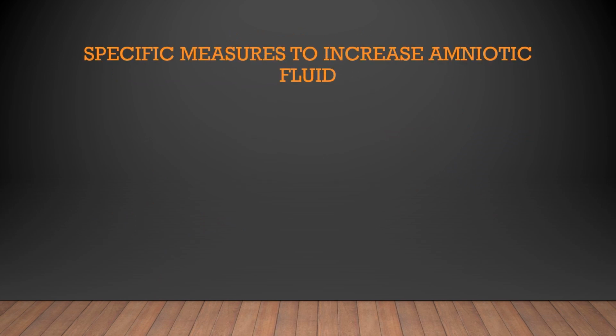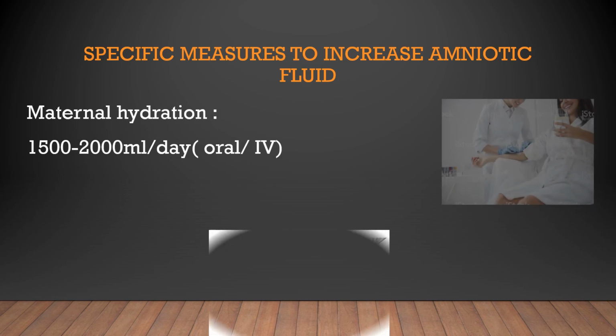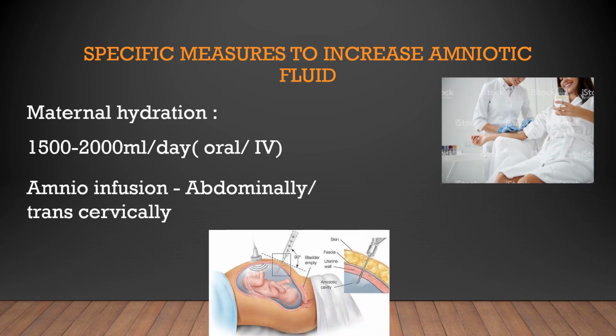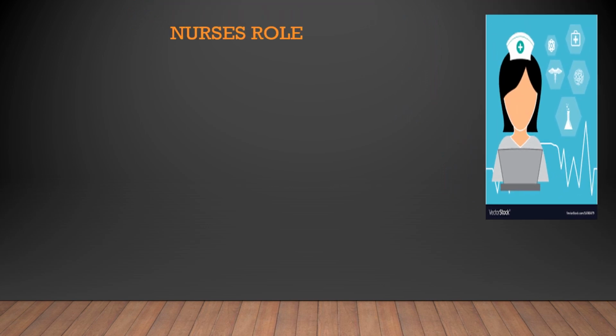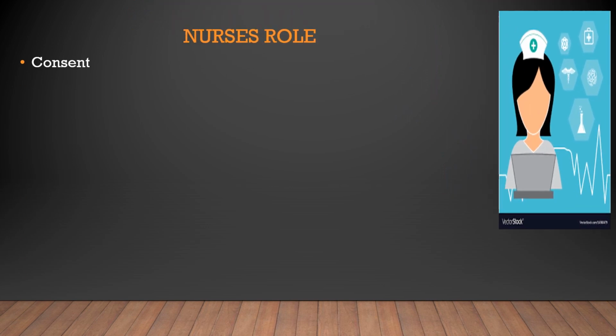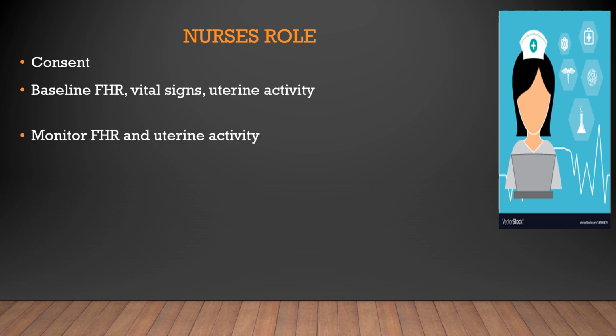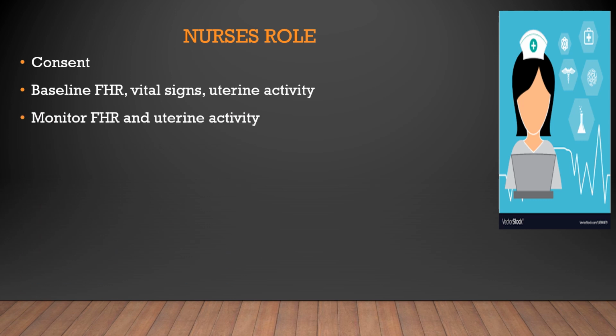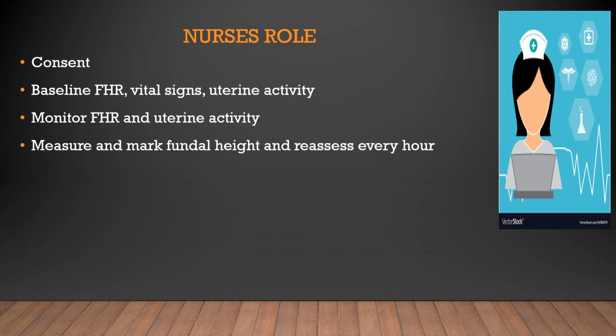Then lastly, the specific measures to increase the amniotic fluid. First of all, hydration, 1500 to 2000 ml per day, and amnio infusion, abdominally or transcervical. Nurse's role: we have to check the baseline FHR, vital signs, uterine activity, monitor FHR and uterine activity, measure and mark fundal height, and reassess hourly.